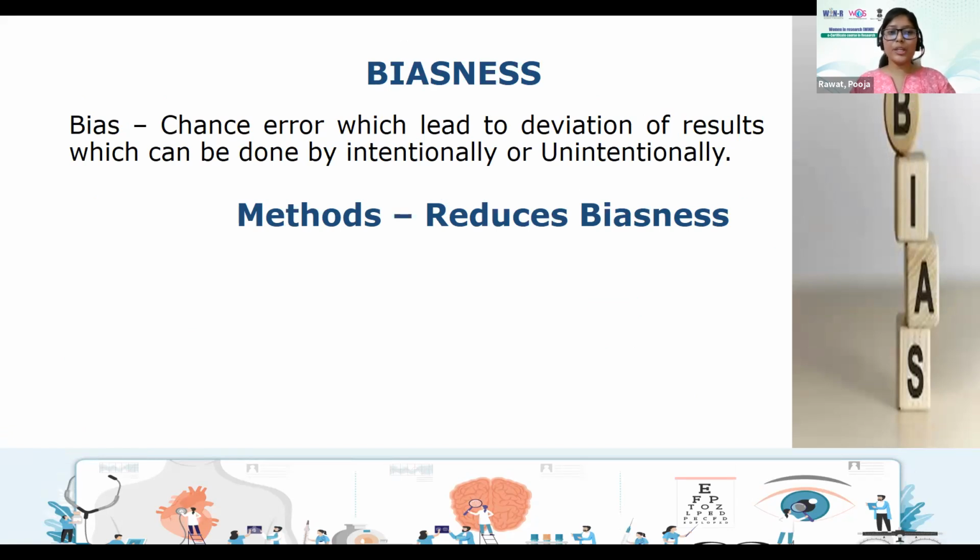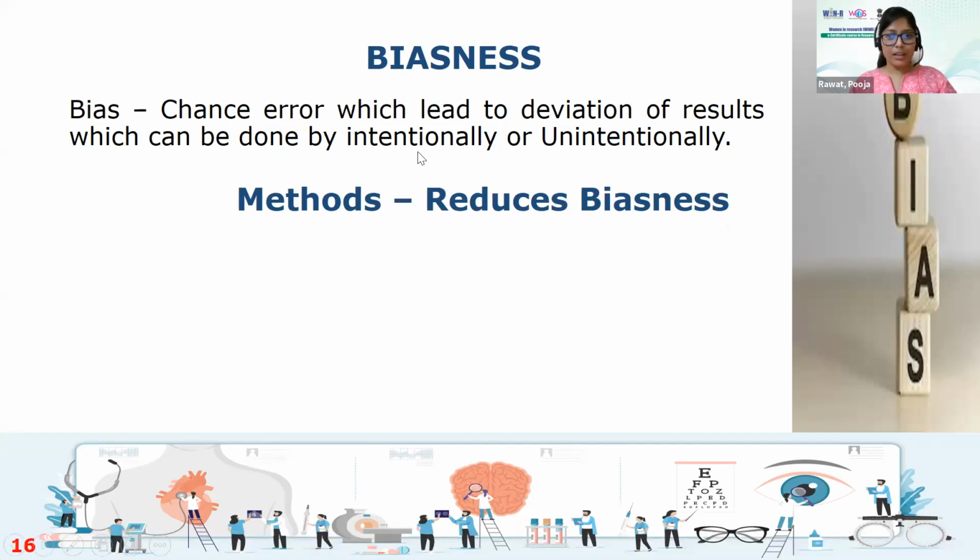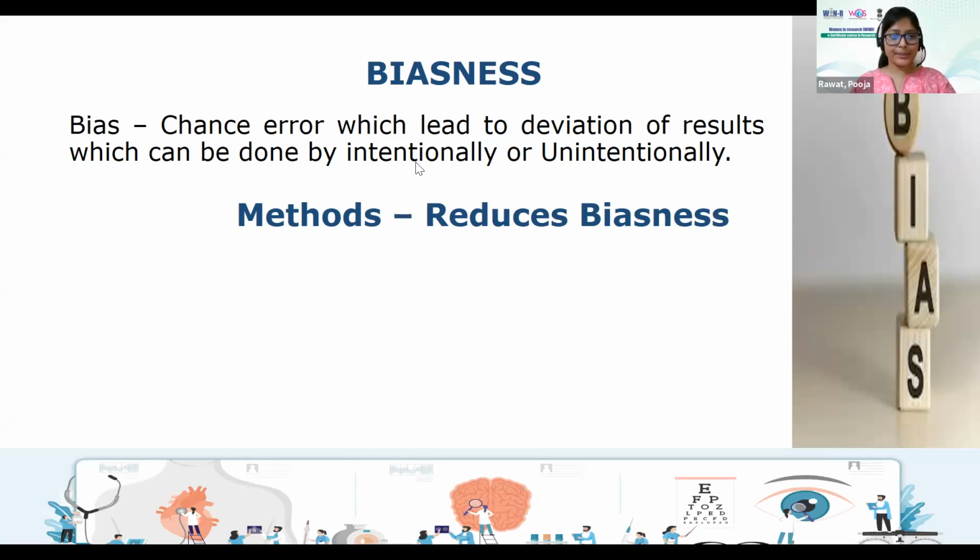Sometimes we do it intentionally, if we have some personal interest in a particular study, and sometimes it happens unintentionally. For example, one example I'll give you is selection bias.